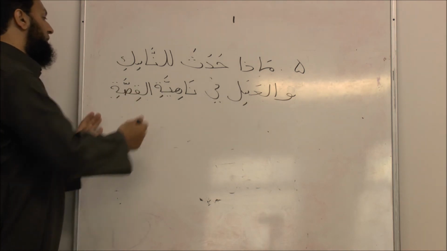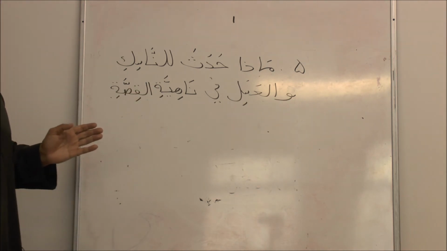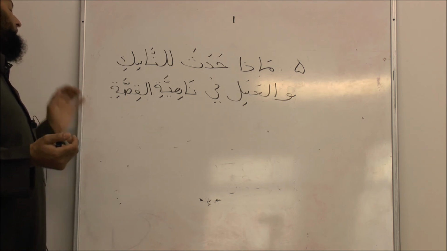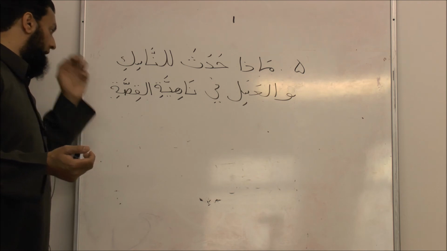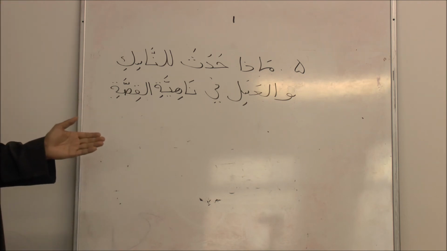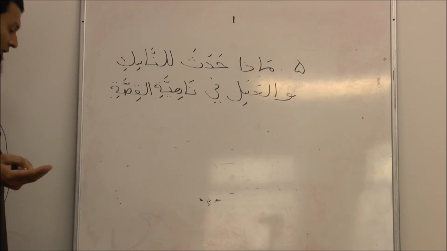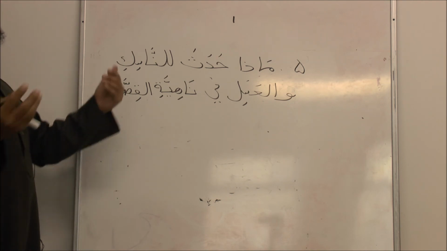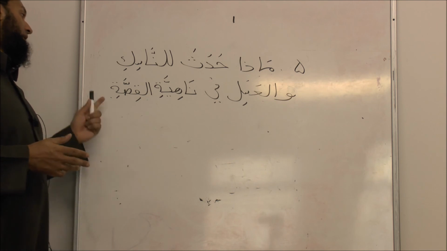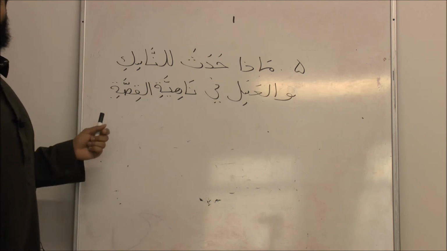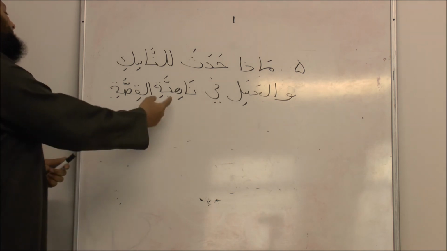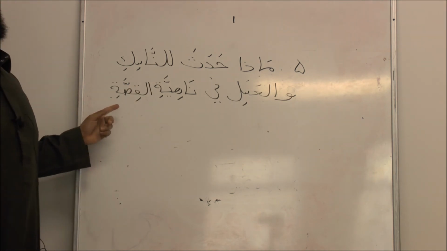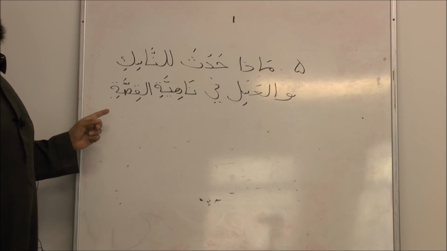What type of construct is this? Probably idafa, إضافة. And how do we know it's إضافة? Two words closely related. Remember, an إضافة doesn't always convey the meaning of possession like here. Here it's just two words connected. End of the story. And that's a majrur.